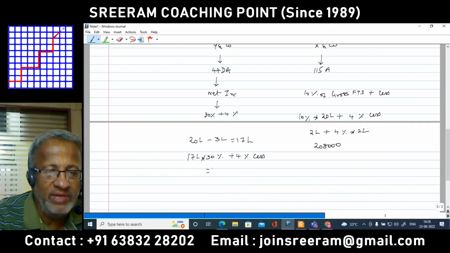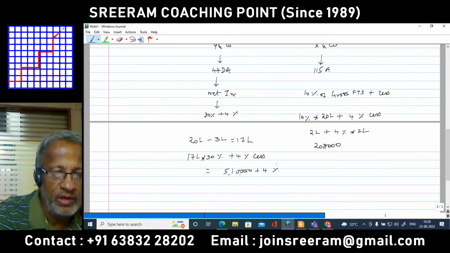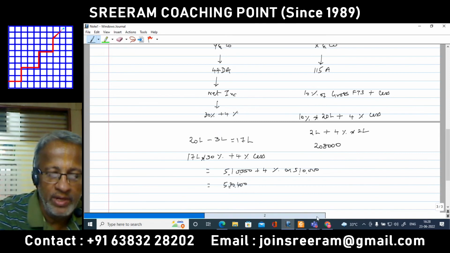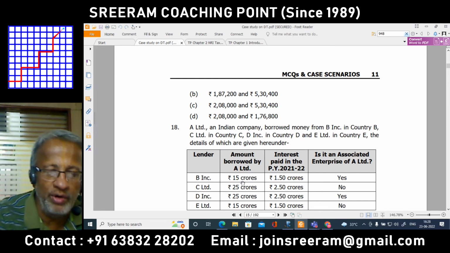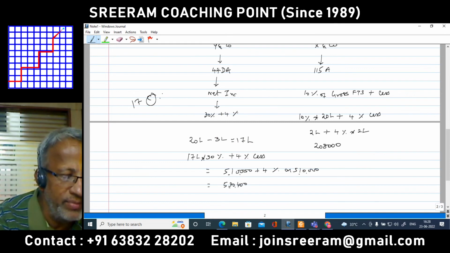Applying 30% on 17 lakhs, it comes to 5 lakh and 10,000, plus 4% on 5 lakh and 10,000. It comes to 5 lakh 30,400. Now let us check the alternatives that we have. 5 lakhs 30,400. So the answer to that question, for 17, is C.